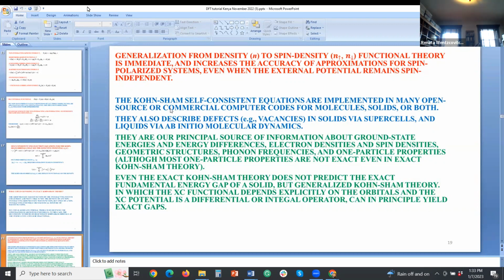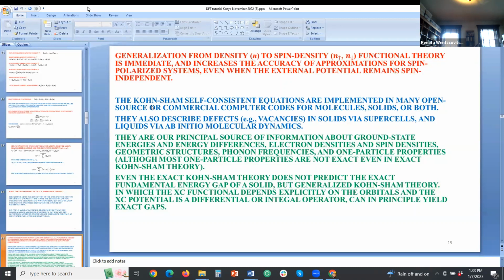So this Kohn-Sham method and the codes that implement it are our principal source of information about ground state energies, ground state energy differences, ground state electron densities and spin densities, the geometric structures of molecules and solids, the phonon frequencies, and also in many cases about one particle properties.